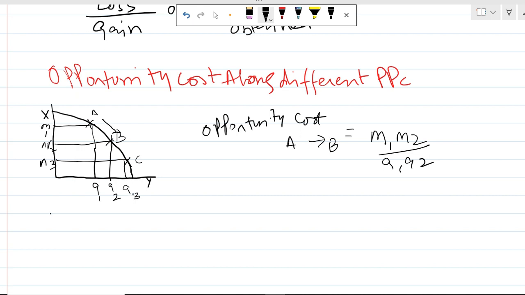In case 2 we have to draw this thing again. Now we say that this is called increasing opportunity cost.